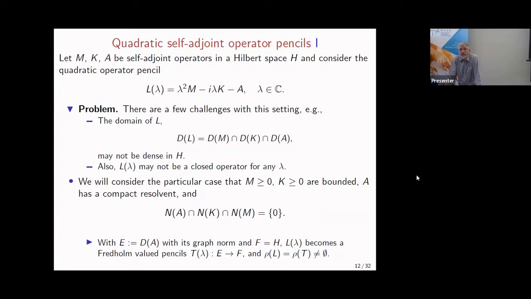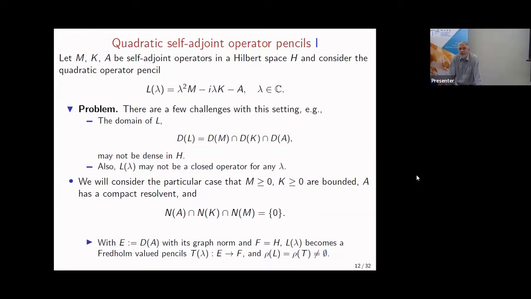So what is the domain? Now, we could take the domain of L equals the domain of M intersected with the domain of K intersected with the domain of A. That again, as I said before, may not be dense in H, and again, L of lambda may not be closed.